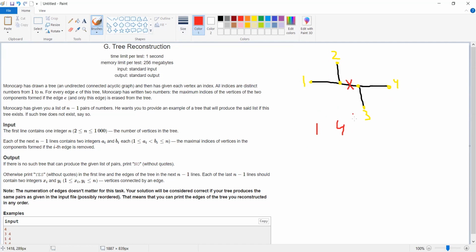If I delete this edge, on the left side the maximum number will be 2, and on the right side it will be 4. And if I delete this edge, on the left side the maximum number will be 3, and on the right side it will be 4.